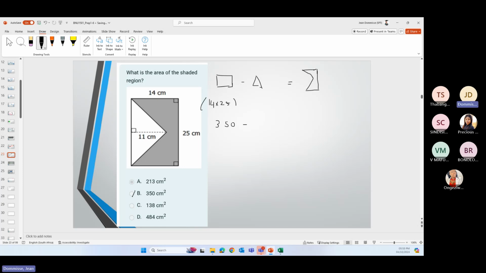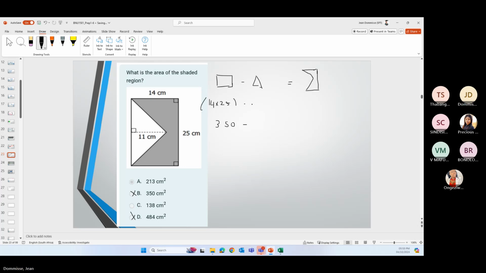So my answer is not going to be 350. Because I'm subtracting, it's going to be less. It's definitely not going to be 484. Okay, so just by working out that first one, I could actually already eliminate two of the answers.